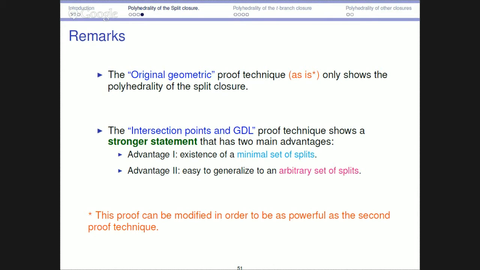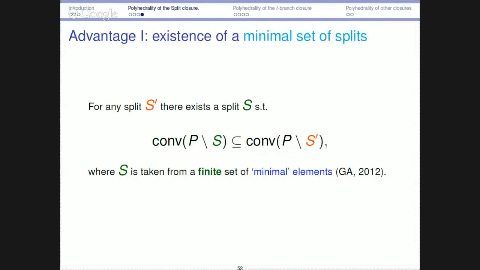The first thing is that you actually find a finite set of minimal splits, in the sense that for any other split, you can find a split S coming from a finite set of splits that dominates the original split. So you can take from an infinite set, but you can always find a split S from a finite set that dominates this one. We didn't know that before using this technique. The original proof doesn't tell you this.